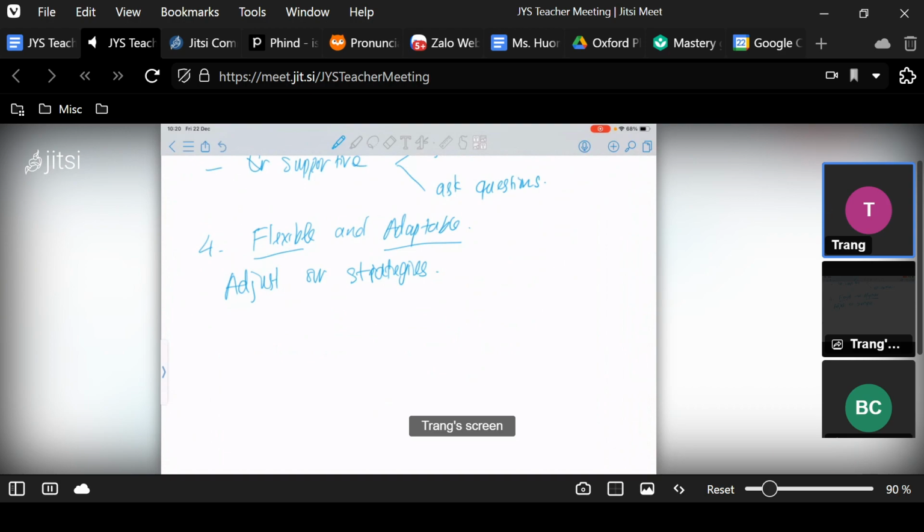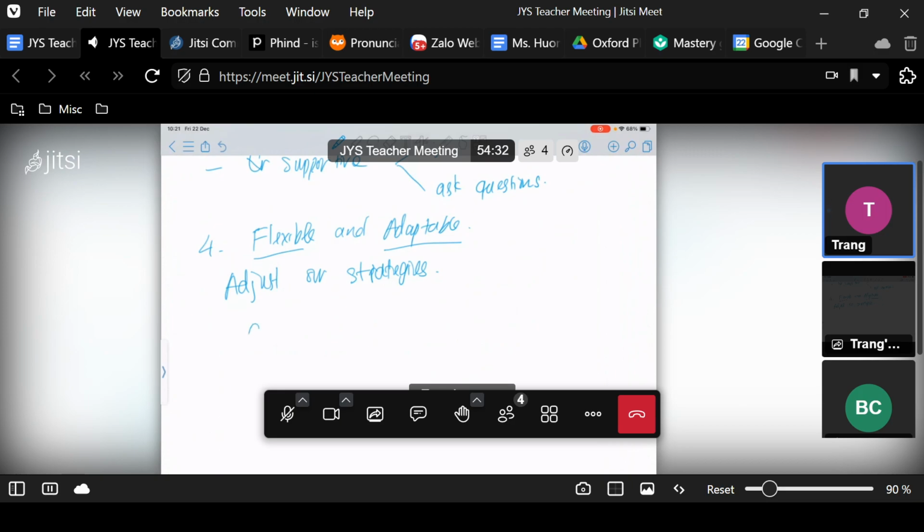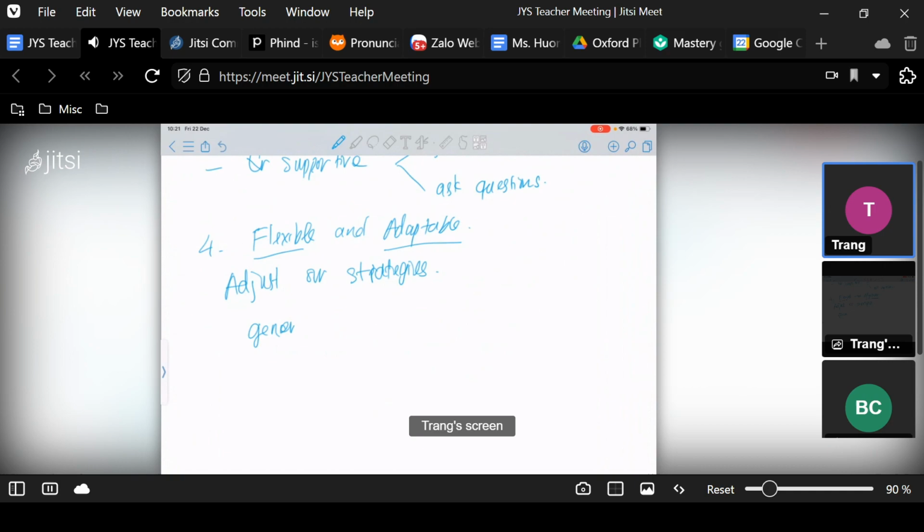We usually have a general lesson plan, so we have to be ready to adapt based on the children's responses and interests.